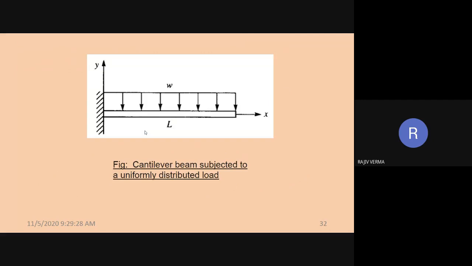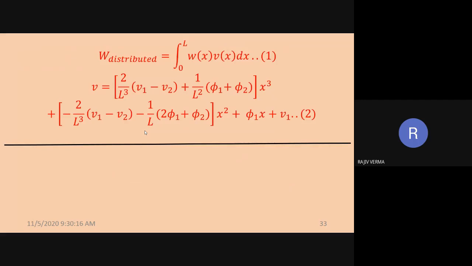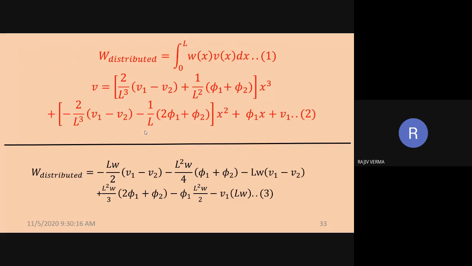This is the equation for the transverse displacement which we have already derived earlier. So for this particular example of a cantilever which has a UDL of intensity W, we are simply going to evaluate the nodal loads. When we know the value of the UDL, that is W, and the expression for the transverse displacement, we simply evaluate expression number 1.